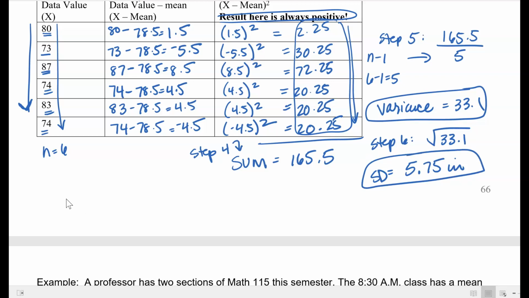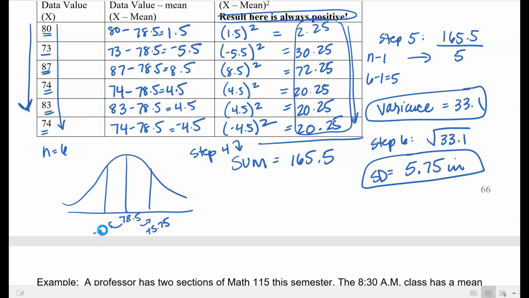I know this goes beyond what this lesson calls for, but just a quick picture, and we'll talk about this more in Module 10 because we'll talk about the normal curve. If the average height for these players is 78.5, I'm going to put that in the middle of this curve. This standard deviation of 5.75 means that on either side of 78.5, if we add 5.75 or subtract 5.75, that's the range that most of these players are going to be in.